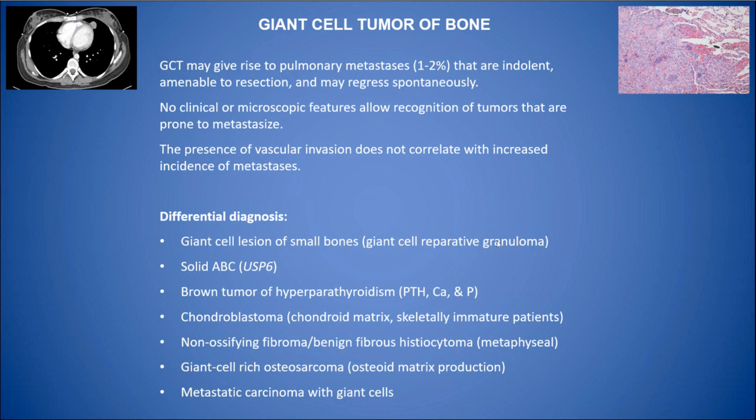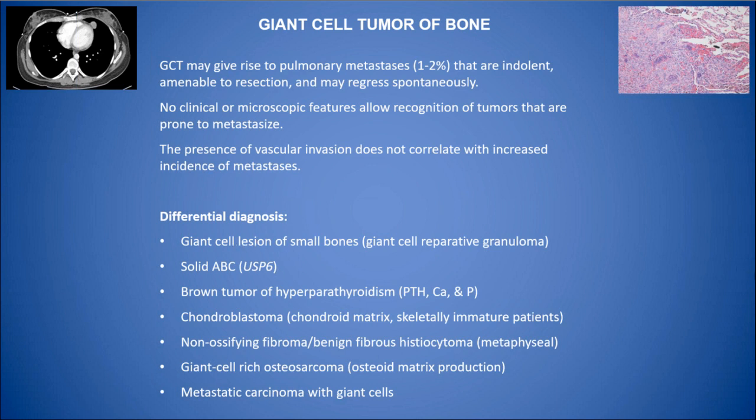And these lesions are now related also to ABC, which is also included in the differential diagnosis, solid ABC, which is now within the spectrum of lesions that are USP6 gene rearranged. So rearrangement of USP6 is helpful in distinguishing these lesions from giant cell tumor, and of course the antibody G34W will be positive in giant cell tumor and not in these lesions.